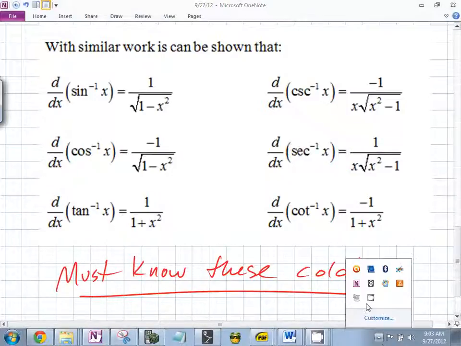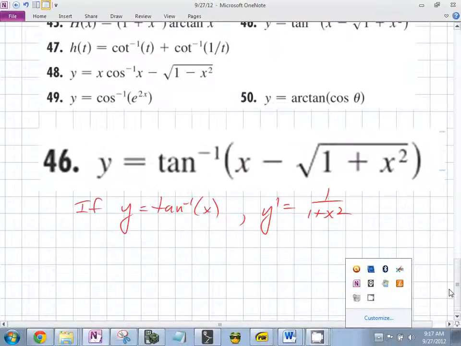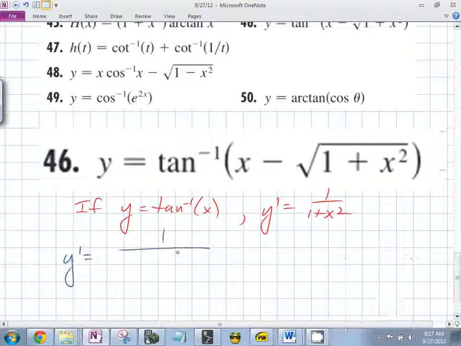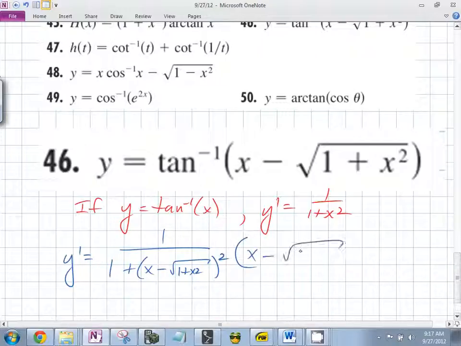In this case, y prime is equal to 1 over 1 plus x minus the square root of 1 plus, oh, messed up that one. 1 plus x squared, what do I do to that? And then I multiply by x minus the square root of 1 plus x squared, but what do I take of that? The derivative of that.